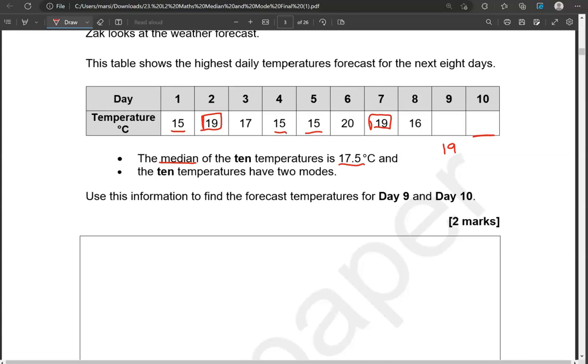So starting with the smallest number, that is 15, so we've got 15, and another 15, and another 15, then 16, 17, 19, and another 19, and another 19, and 20.